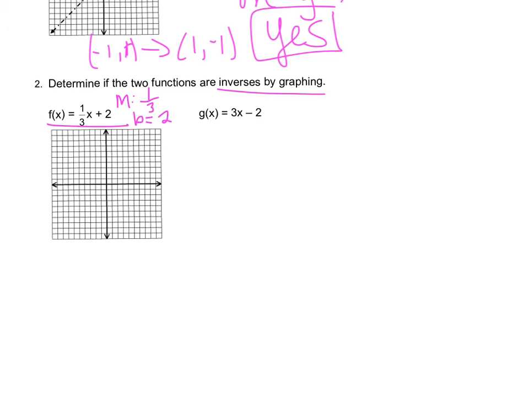So it's going to cross at 2 on your y, and then we're going up 1, right 3. Up 1, right 3. I want to extend it throughout the whole graph, so that I can make sure those points match up if they're inverses.